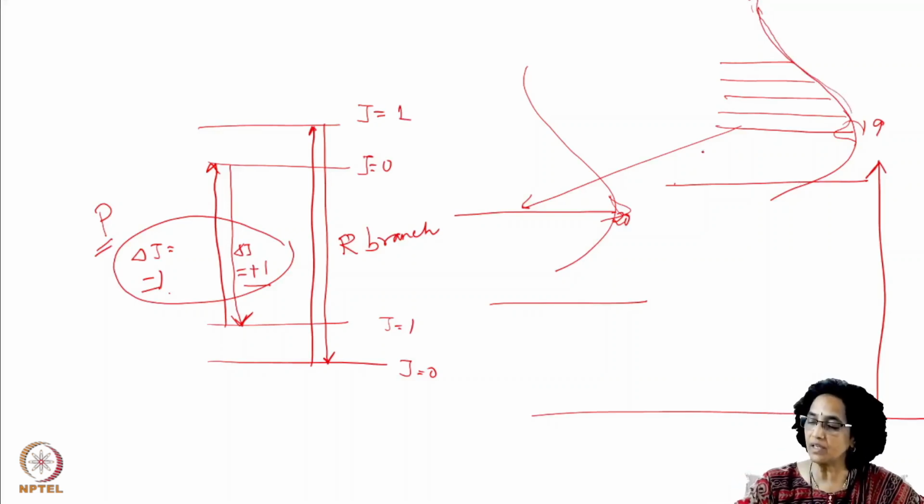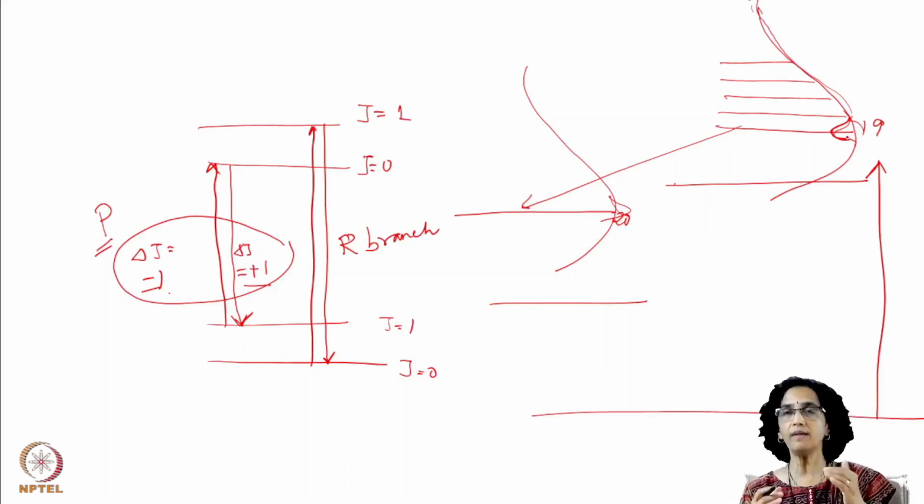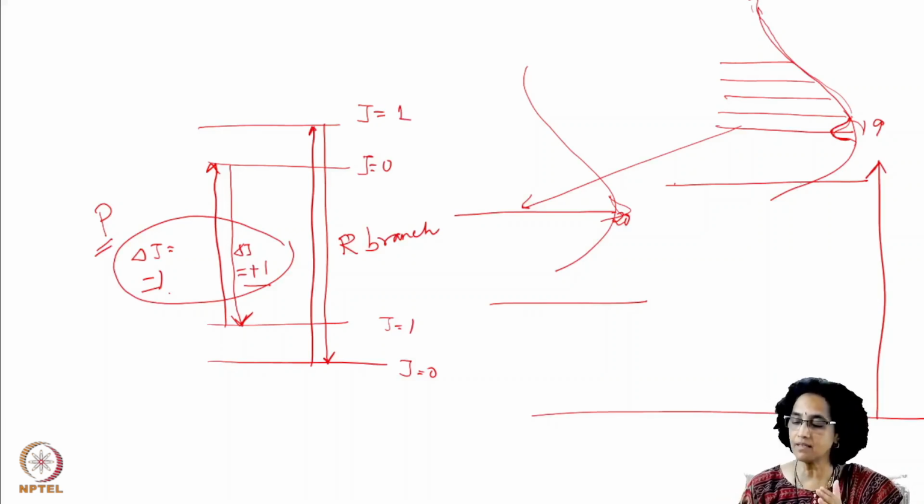So even during lasing, the population here reduces, and this is called rotational hole burning. That means there is a hole which is burnt here. But when the collisions are rampant, in case of a CW system, finally there is a balance.